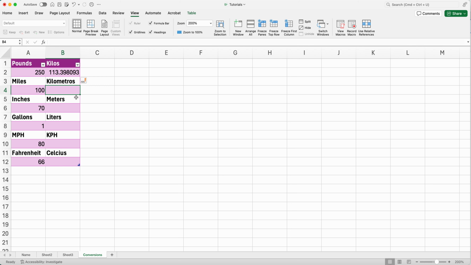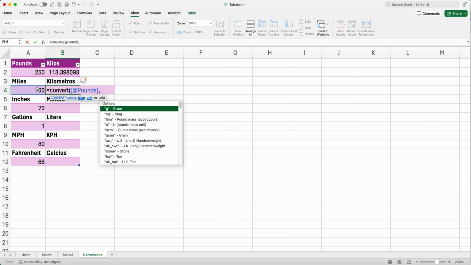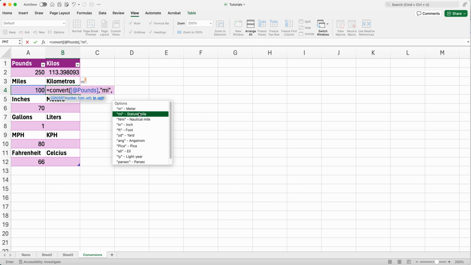All right, on to the next. Miles to kilometers. Same thing. We're going to go equals, convert, parentheses, choose the number, which is this one, comma, from unit is miles, and that is quotation mark, mi, quotation mark, then comma. It's called a statute mile. Okay.